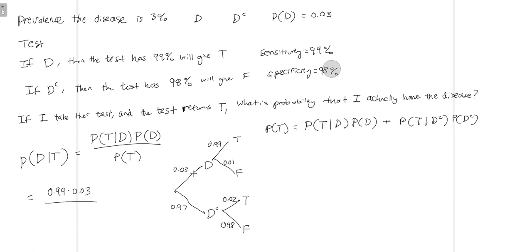In other words, it is the probability of this length of this tree diagram plus this length in the tree diagram gives you all of our T's here. So 0.99 times 0.03 plus 0.97 times 0.02. It's just this one goes to T, so we find that one plus this one. So the probability here of being in this side rather than this side is just equal to this one over this one plus that one.